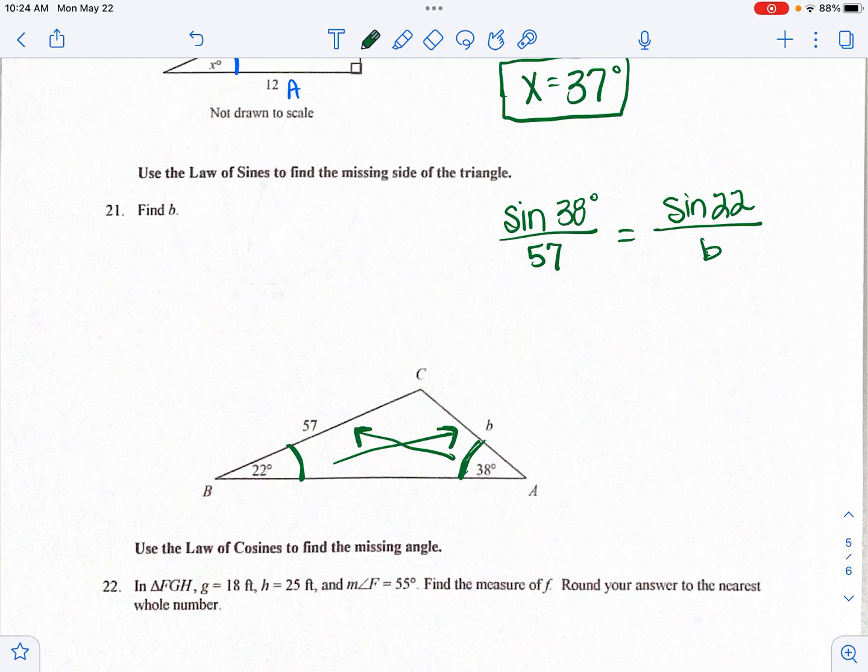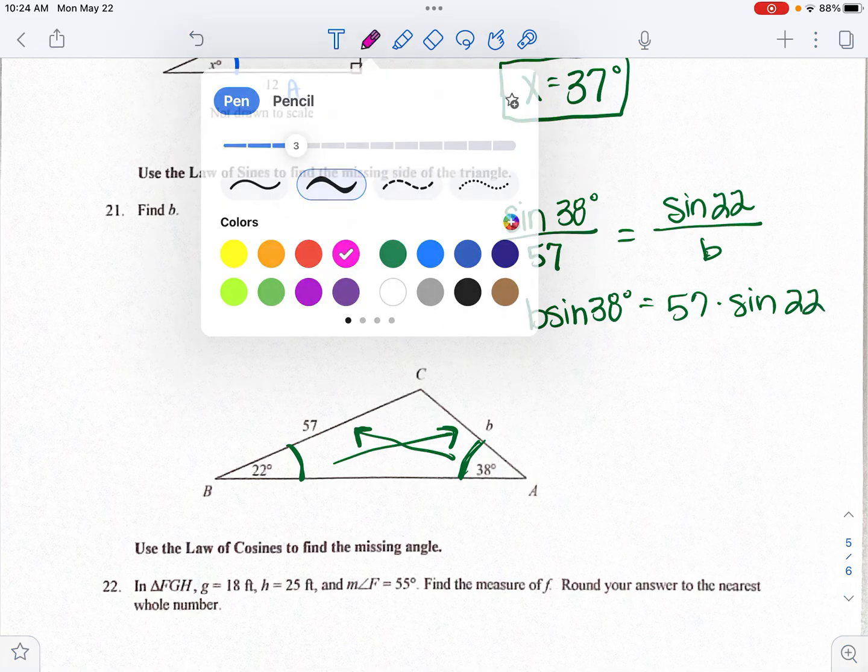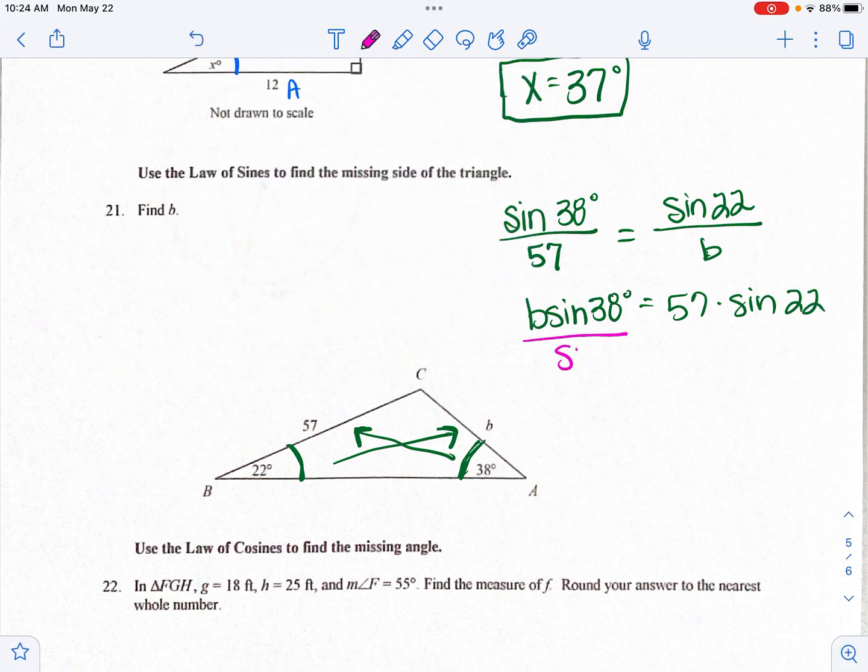So cross multiplying here, I do get B times the sine of 38, and then 57 times the sine of 22. And I know that I'm going to have to divide by the sine of 38 on both sides, right? Because I'm trying to solve for B. So these two are going to cancel out.